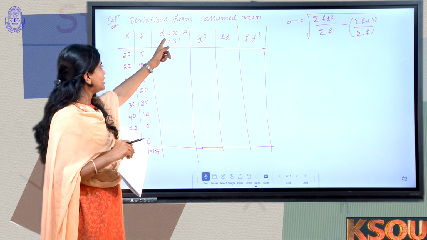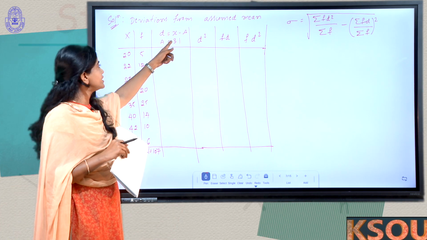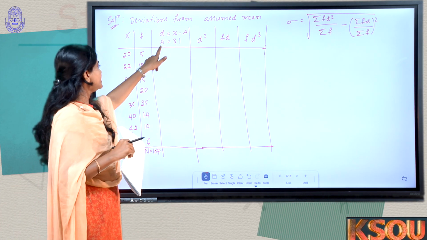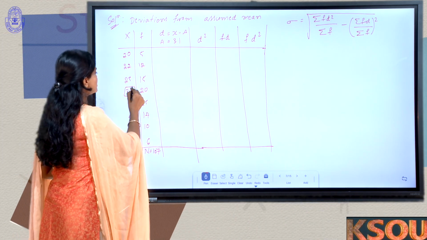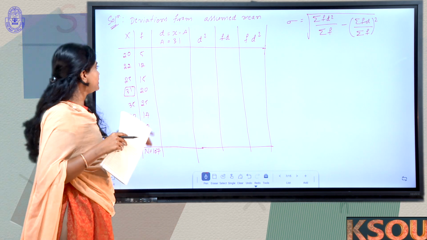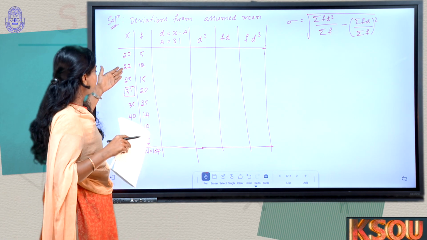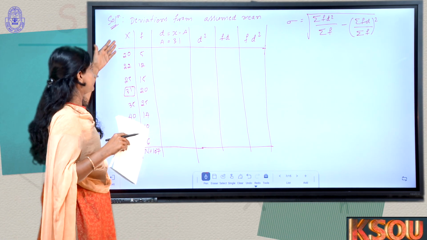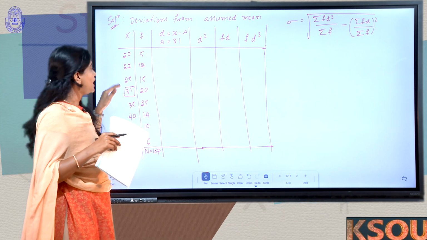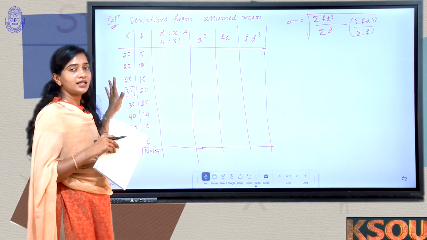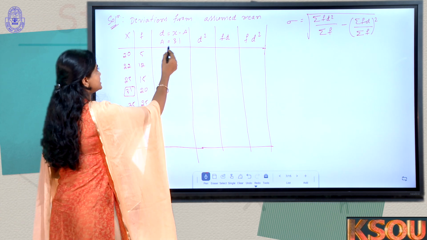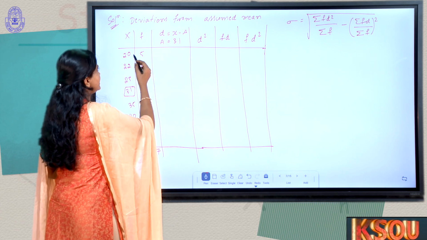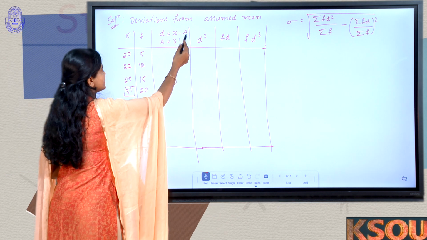Now you will have to calculate the d value. So d is equal to x minus a, where a is the assumed mean; I am going to take 31 as the assumed mean here. If you want, you can take either 20 or 22 or 25, whatever from the x variables. So by taking a is equal to 31, you can take d is equal to x minus a.